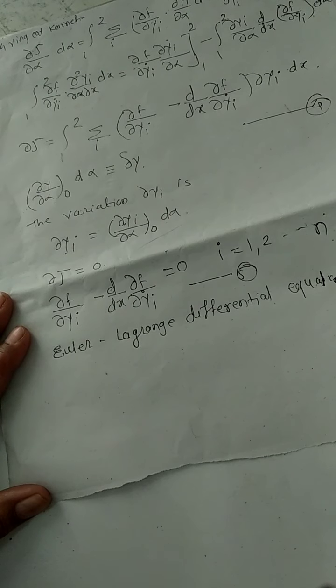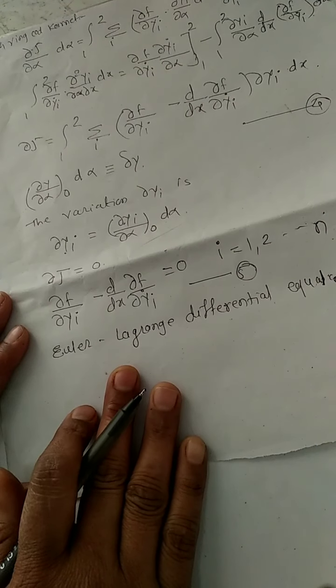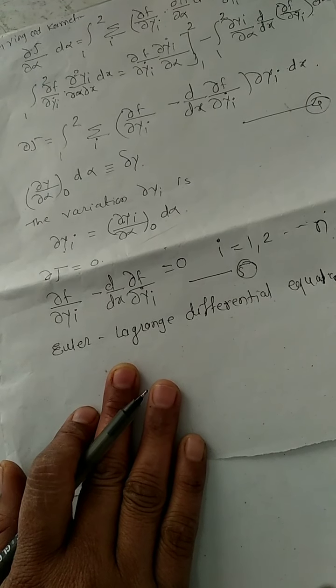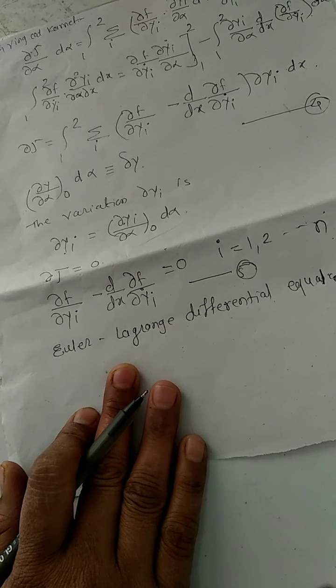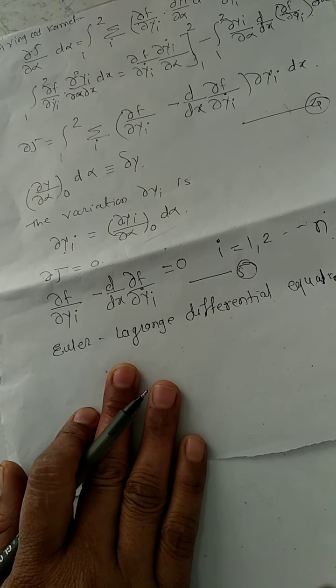Their solutions represent the curves for which the variation of the integral of equation number 1 vanishes. Further generalizations of the fundamental variation problem are easily possible.